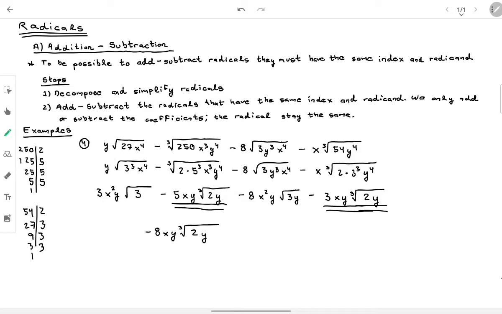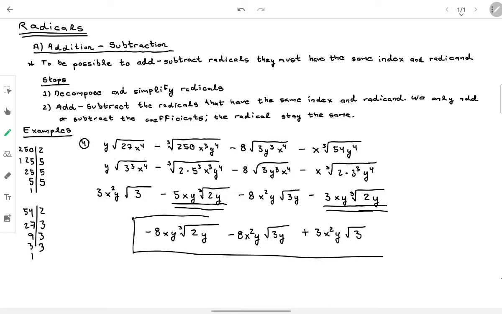And what happens on the other one, it's going to be, of course, minus 8x squared y that multiplies the square root of 3y. Finally, plus 3x squared y that multiplies the square root of 3. And this one, of course, is going to be our final answer. What is my order?